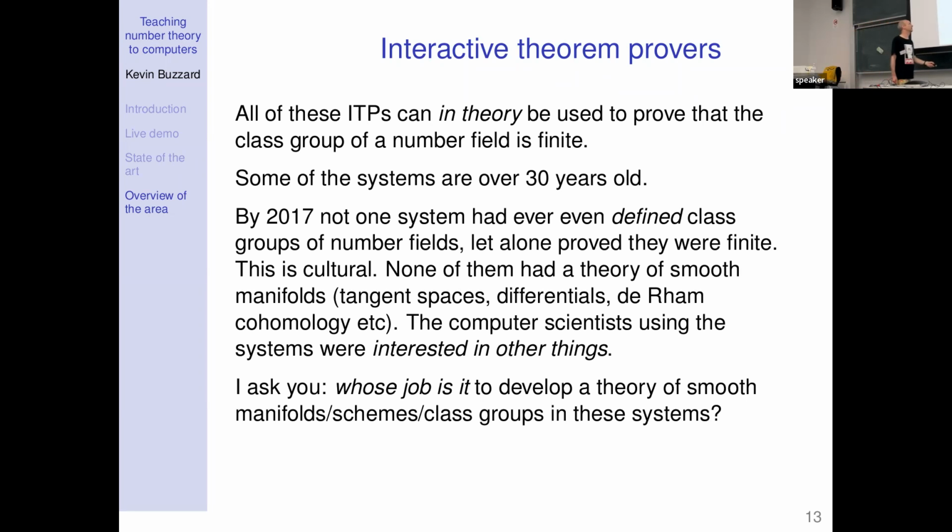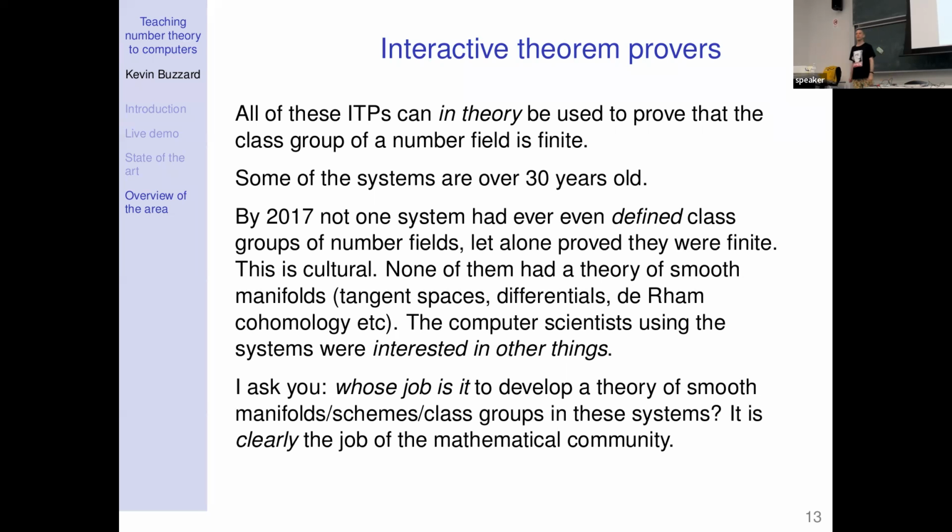But then again, whose job is it to be interested in tangent spaces of real manifolds? That is not the computer scientist's job, right? We as a community weren't interested in the systems, and the computer scientists weren't interested in the mathematics, so nothing was getting done.